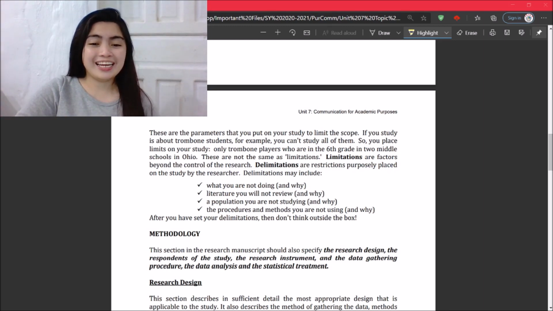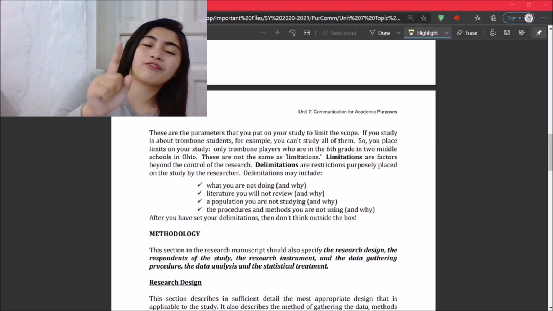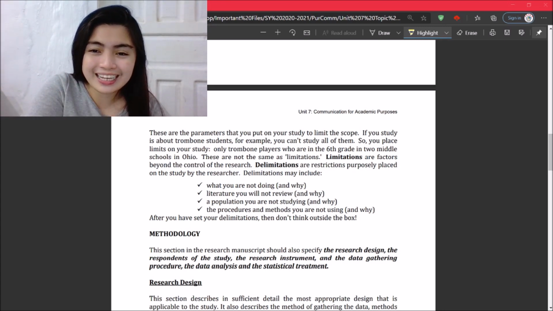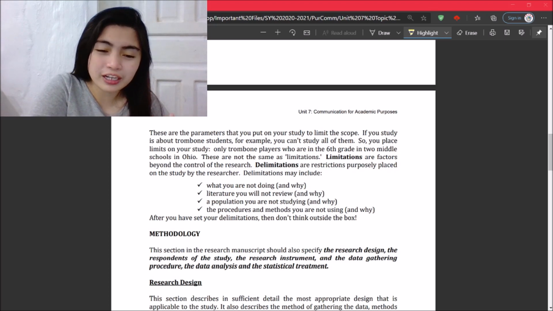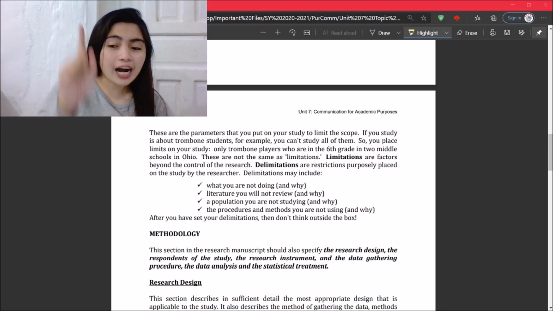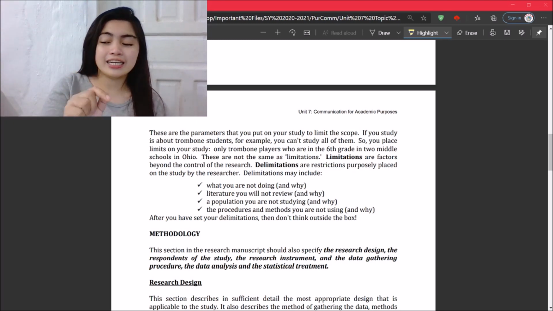So this study, ayan, is limited to the study of common errors in the written paragraph of the communication students, which include BS Ed English, Mass Communication, AB English, and ICC students of Cagayan State University, Andrews, and Carig campus.